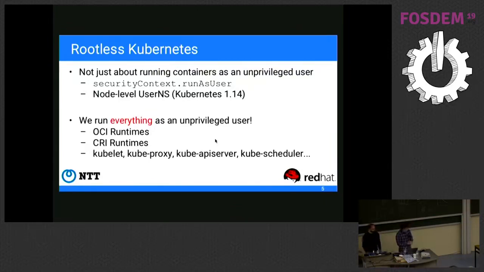We literally run everything, including OCI runtimes such as runC, or CRI runtimes such as Containerd or CRI-O, as an unprivileged user. Of course, we run Kubernetes, kubelet, kube-apiserver, kube-scheduler as an unprivileged user as well.